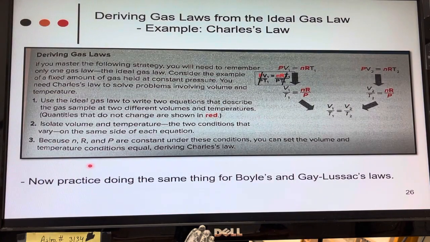Okay, this is a task that is just a mathematical puzzle, so to speak. And it's deriving the different gas laws from the ideal gas law, okay? And this is right out of your textbook. Whenever you see a picture like this, it's right out of your textbook.